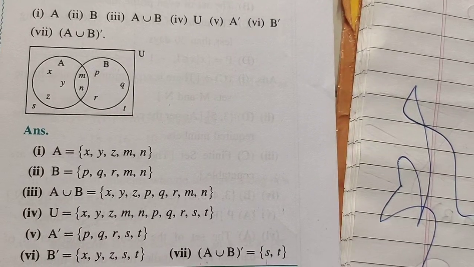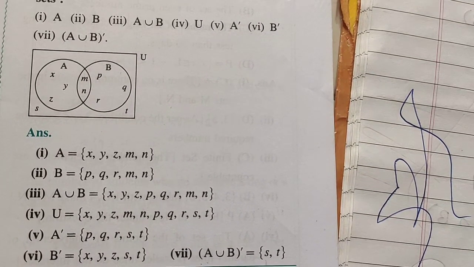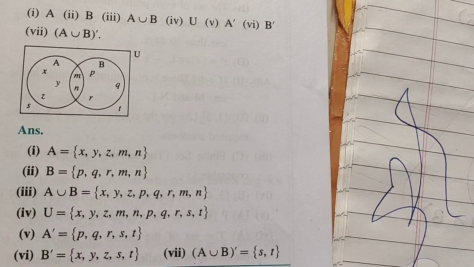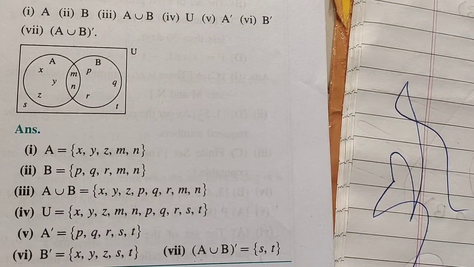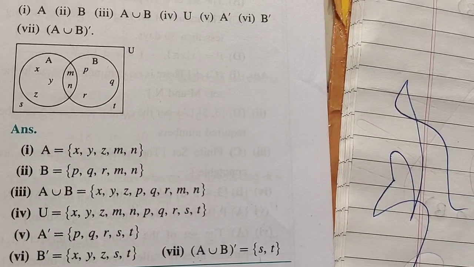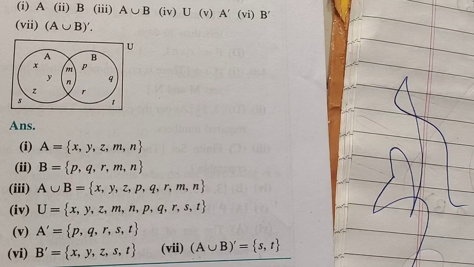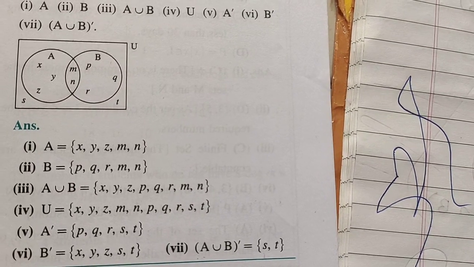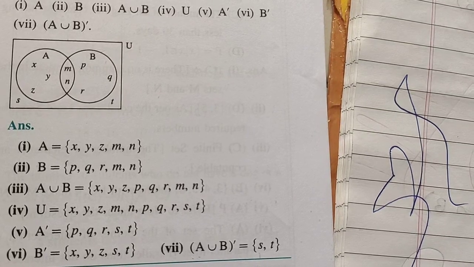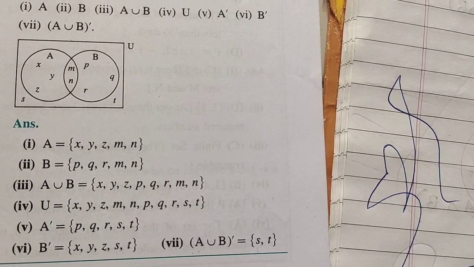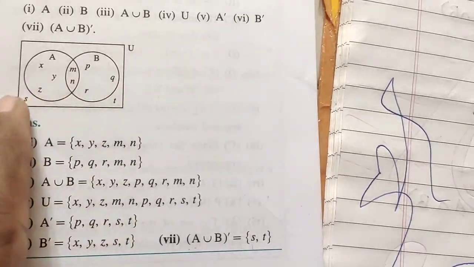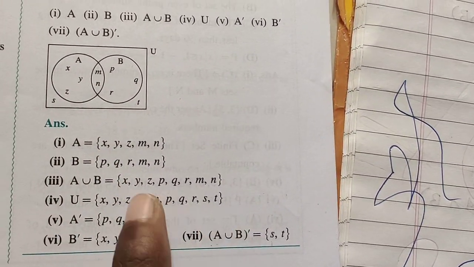So let me revise again. What is A? Circle A, all the elements, that is X, Y, Z, M, N. What is B? Circle B, all the elements, that is P, Q, R, M, N. What is A union B? You have to write all the elements of A and B, that is X, Y, Z, P, Q, R, M, N. Then what is U? U means the complete rectangle, X, Y, Z, M, N, P, Q, R, S, T. What is A dash?